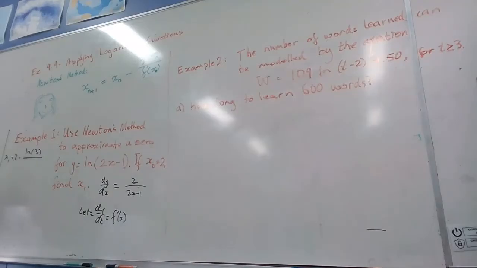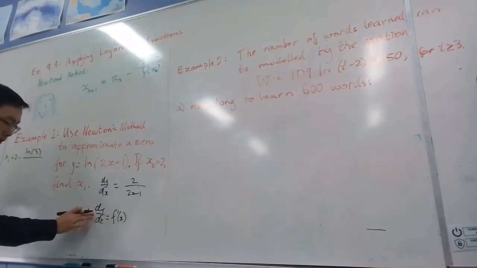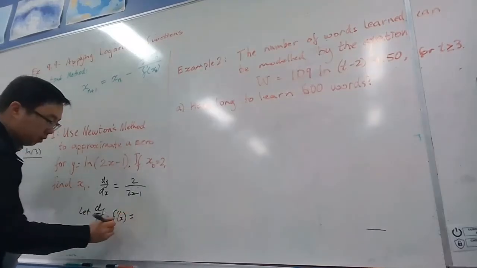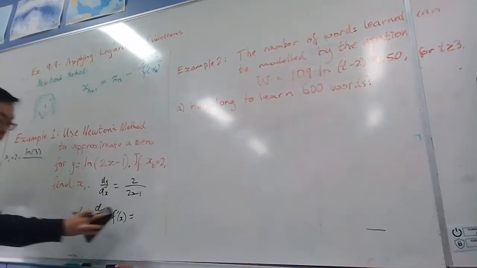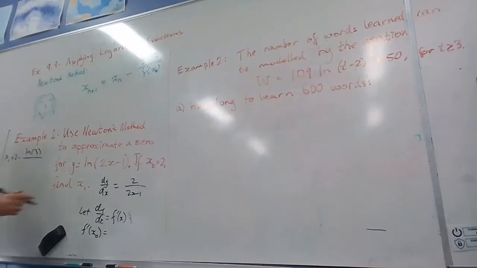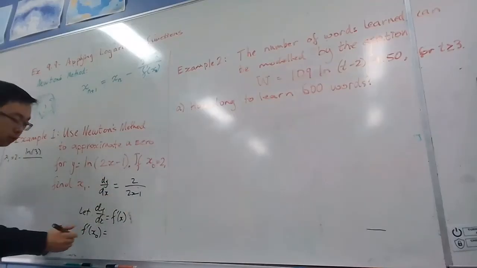A quick reminder, it does give me y equals, so I can't suddenly drop an f dash of x or f of x without a definition. So let dy/dx equal f dash of x, which then would equal, substituting x0, or in other words 2, 2 over 4 minus 1, so 2 over 3.